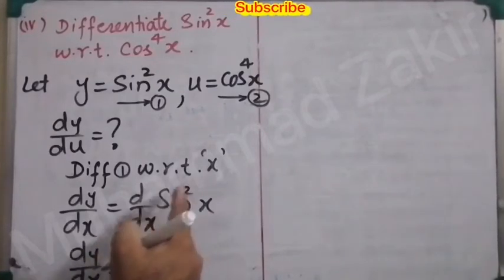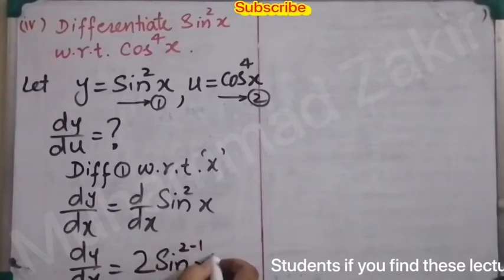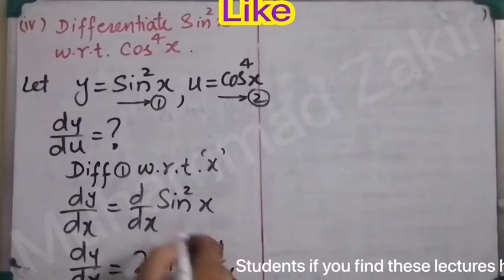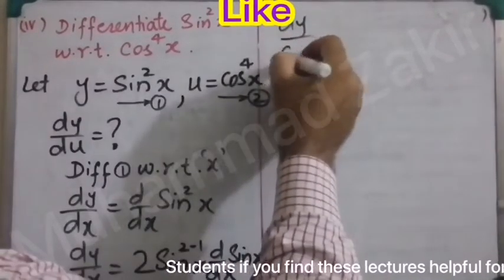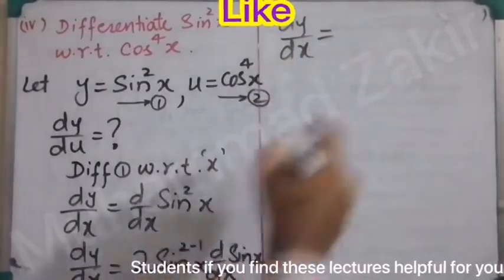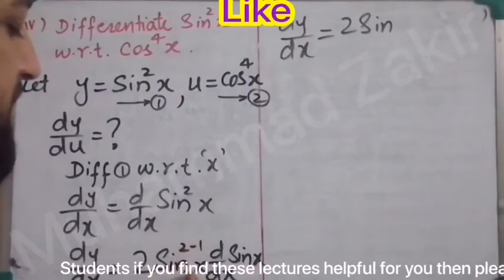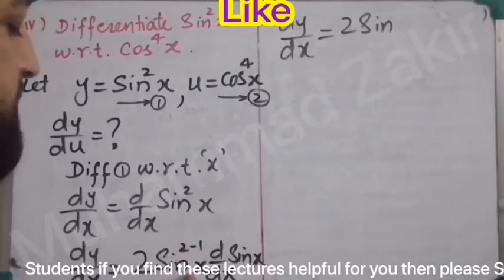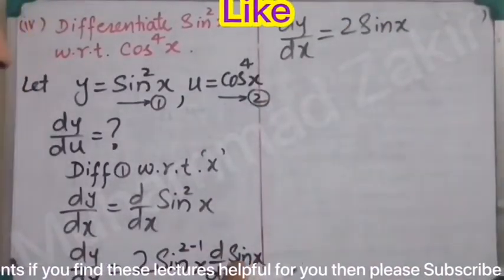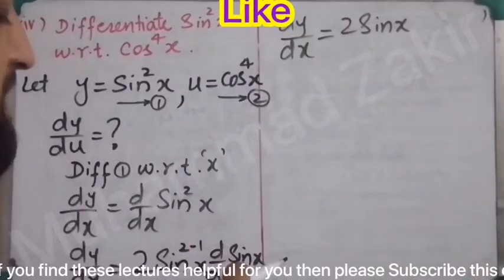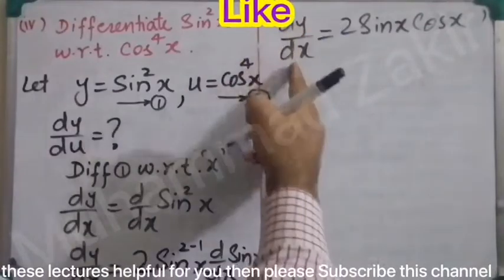Power 2 is written in the beginning, then we subtract 1 from the power, and d by dx of the function without power, which is sin x. 2 minus 1 will be 1, and power 1 is not usually written. So this is sin x with power 1. Now d by dx of sin x, the derivative of sin x, is cos x.